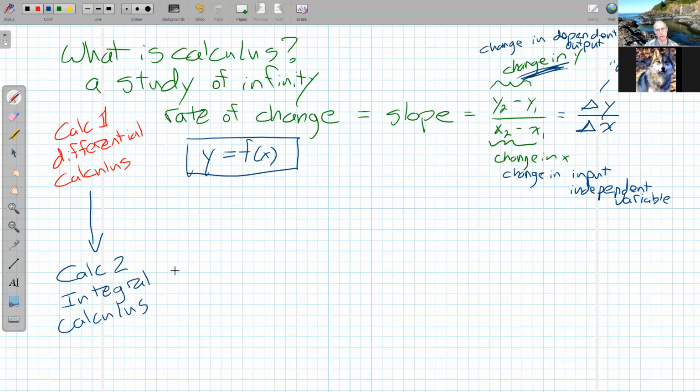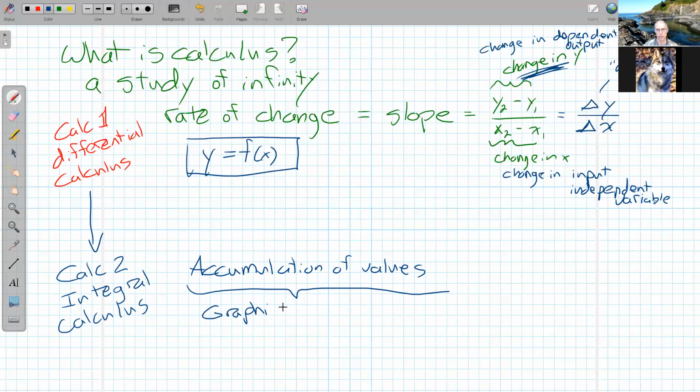And integral calculus looks at a couple of things. It looks at accumulation of values. And that accumulation of values can be graphically looked at as area. That area is usually under some function.